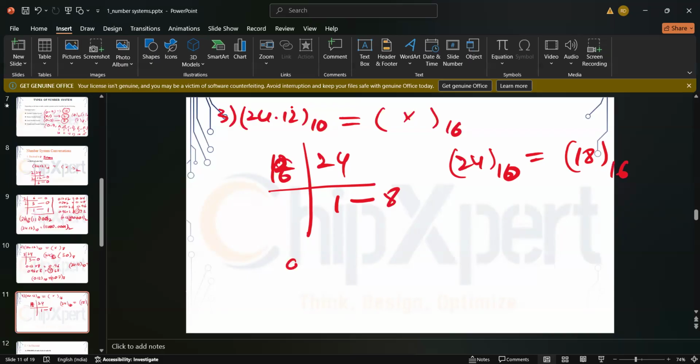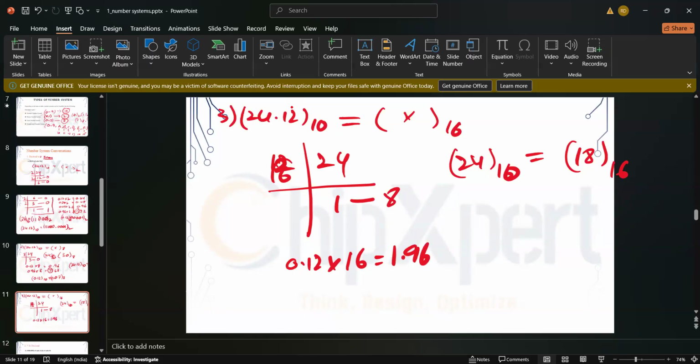And 0.12 into 16. What was the value you will get? 0.12 into 16 is 1.92, right?